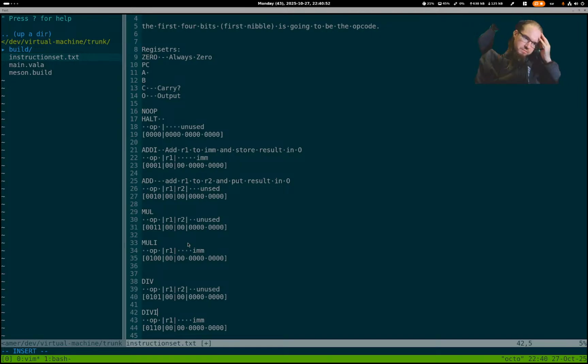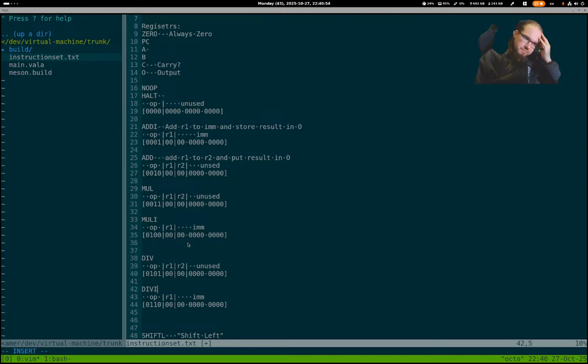I could remove all the immediate mode ones, and just use registers.